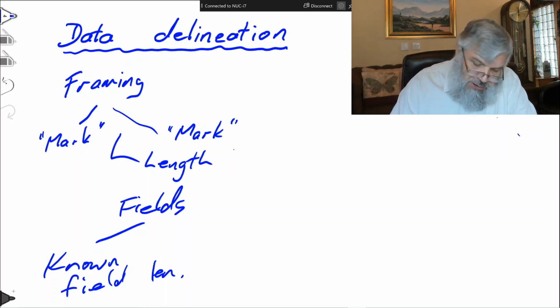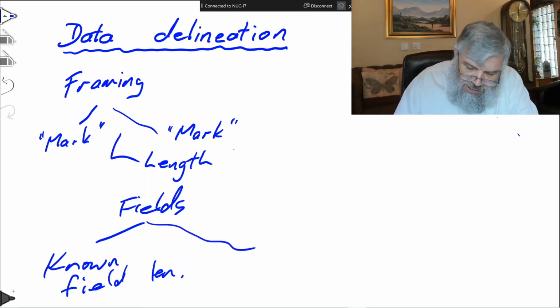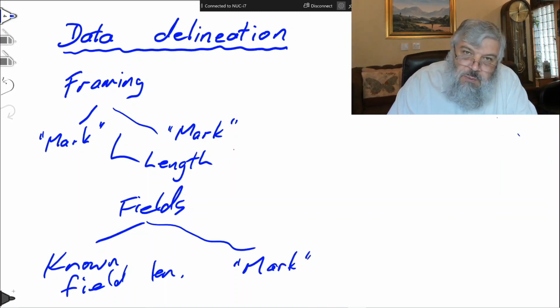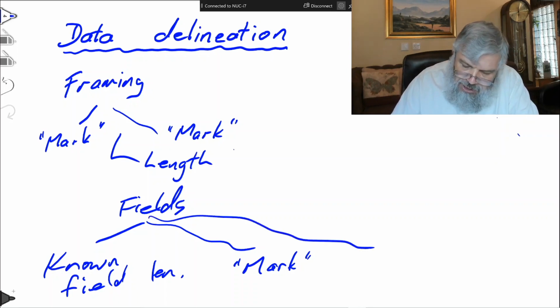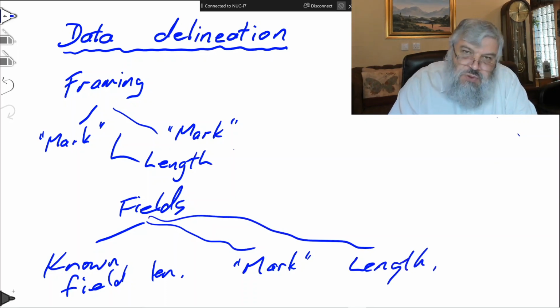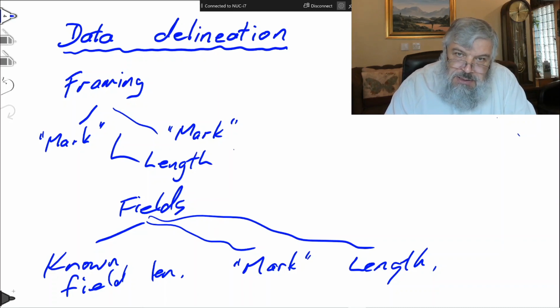So that's one option. Another option is, again, some sort of a mark option to say that this is the start of this field and this is the end of the field. And here we can also have a length, some sort of a field that tells us how long another field will be. So in a given protocol, we may use either the same or different mechanisms.